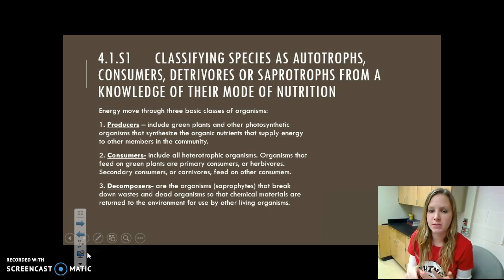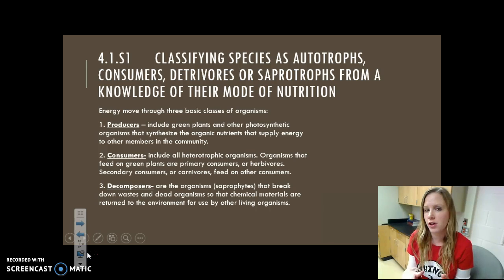So yesterday we talked about autotrophs, consumers, and decomposers. And we call autotrophs producers, or we call consumers heterotrophs. So those terms can be used interchangeably. So you can see on the board we have three basic classes of organisms: producers, consumers, decomposers. And energy moves through those.